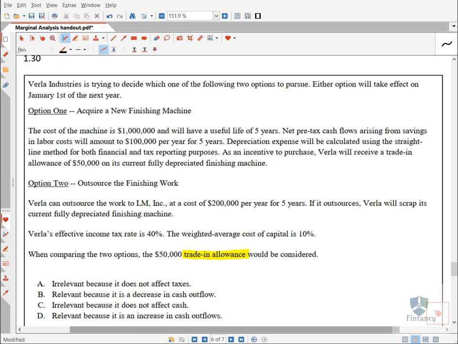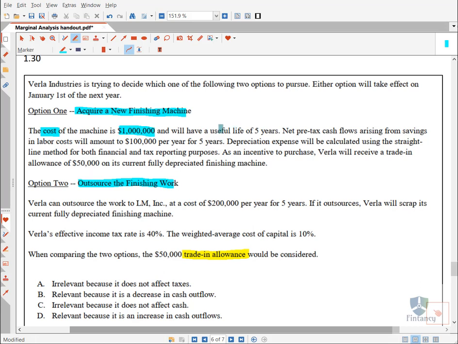Very simple. Read the scenario, please. Yes, sir. Option 1, acquire a new fishing machine. The cost of the machine is $1 million and will have a useful life of 5 years. Net pre-tax cash flows arising from saving costs will amount to $100,000 per year for 5 years. Okay, see the cost was 1 million.